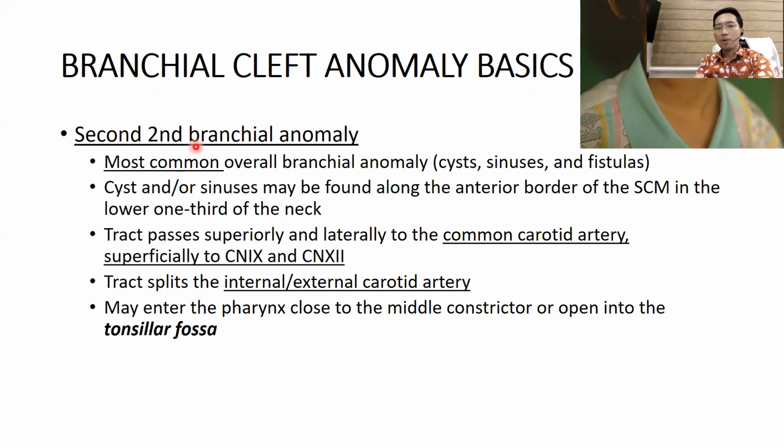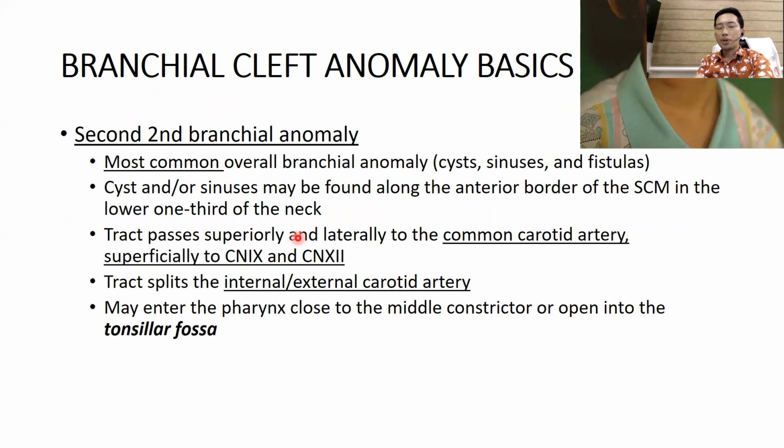So, the branchial cleft anomaly basics. Remember that the second branchial anomaly is the most common overall branchial anomaly, such as cysts, sinuses, and fistulas. These cysts and or sinuses may be found along the anterior border of the sternocleidomastoid muscle, in the lower one-third of the neck.